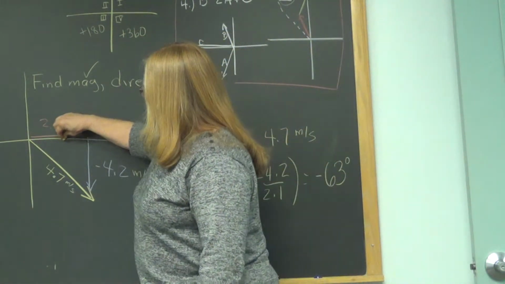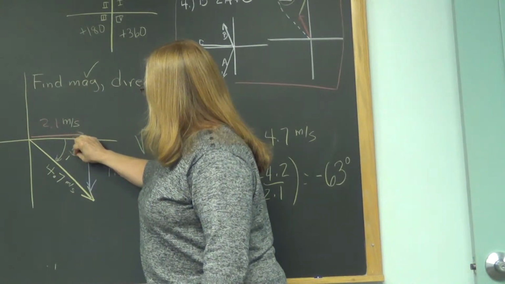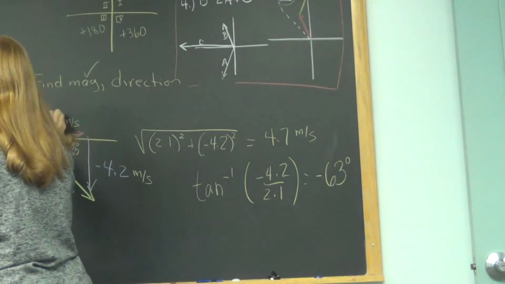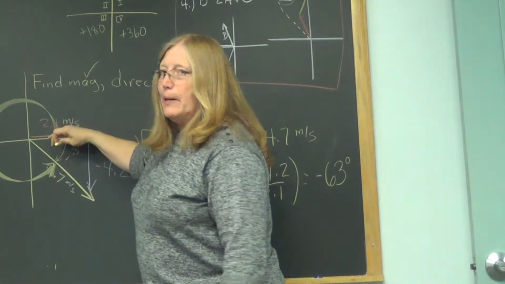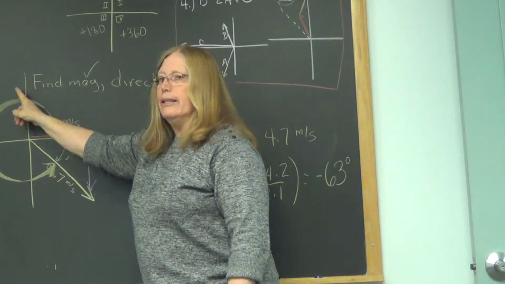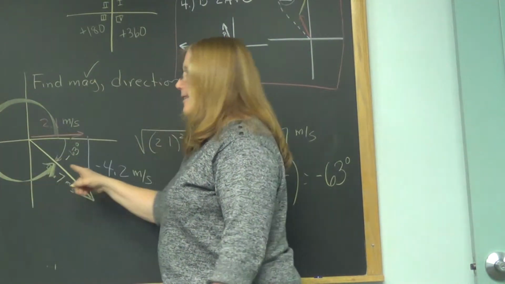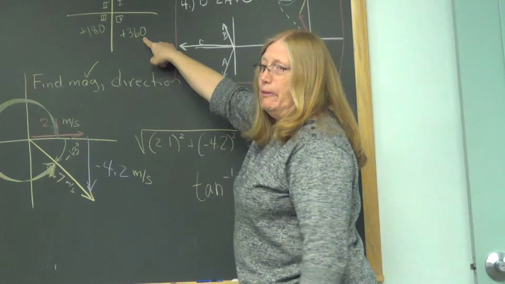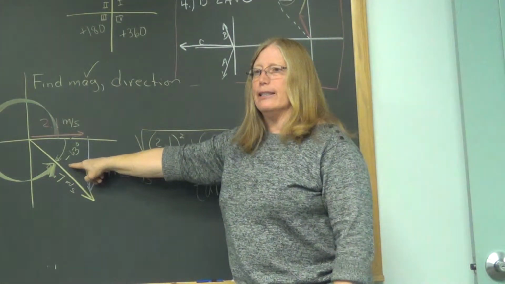That is one way of looking at that. It does make sense that the angle is negative 63 degrees, but I want it in the positive lingo, so I want this one right here. I want to start at the positive x-axis and go in the counterclockwise direction, which is positive for angles. According to the inverse tan map, I have to add 360. Looking at that picture, it should make sense.